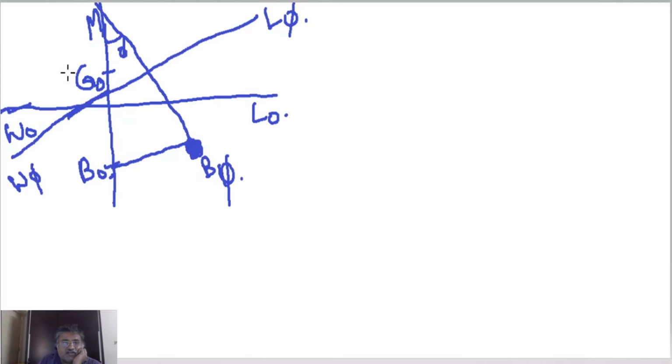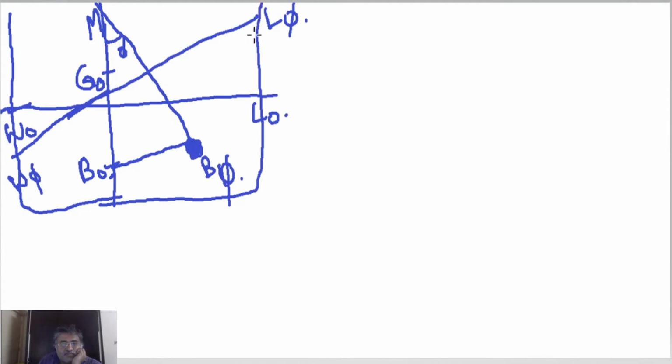First of all, if you are unclear on what this figure is, it is a cross-section of the ship, okay?